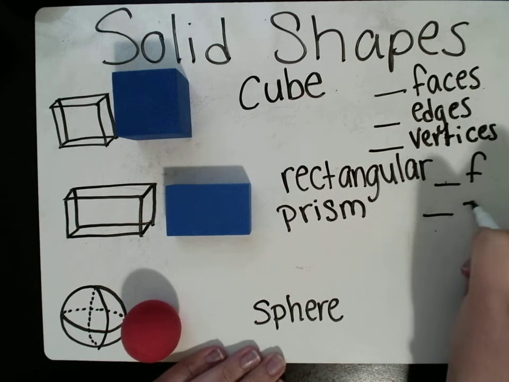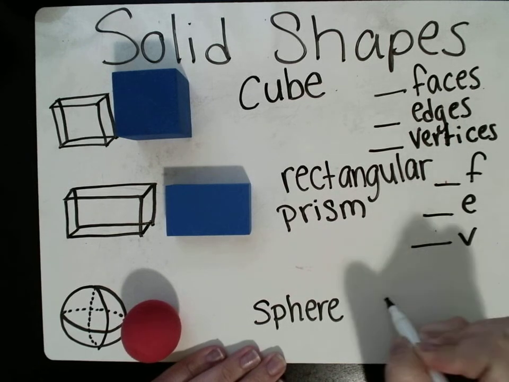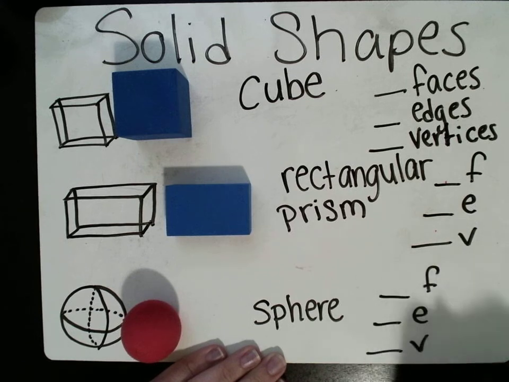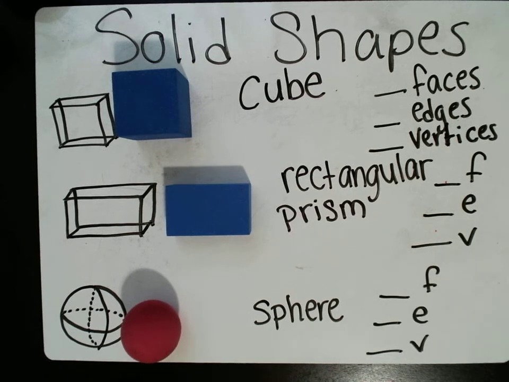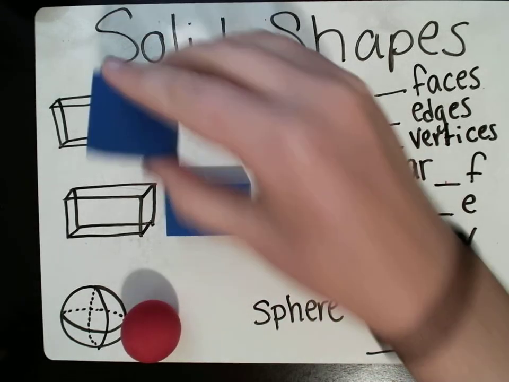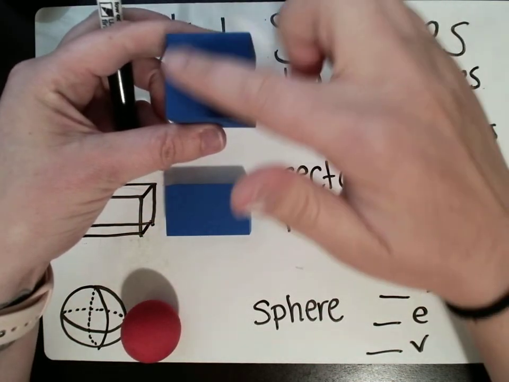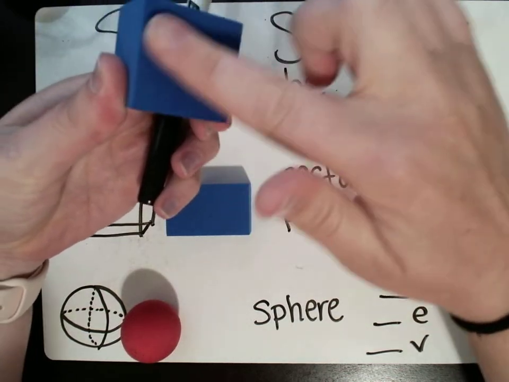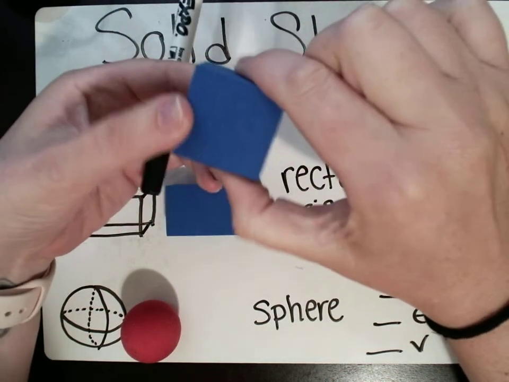Faces, edges, vertices. Alright, faces are these. This is the face. So the faces are really kind of the flat surfaces on the shapes.